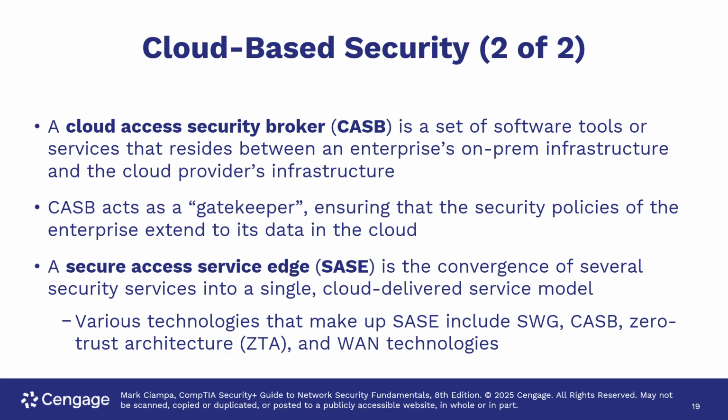A Secure Access Service Edge, or SASE, is the convergence of several security services into a single cloud-delivered service model. Various technologies that make up SASE include SWG, CASB, Zero Trust Architecture, and WAN technologies.